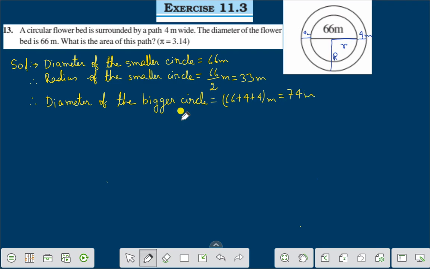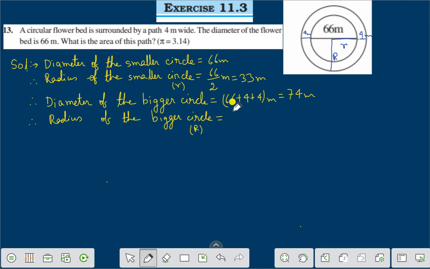Therefore, radius of the bigger circle is equal to, suppose this is capital R and this radius of the smaller circle, suppose this is small r.